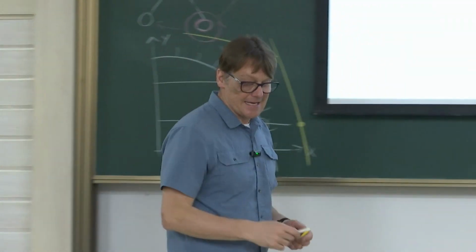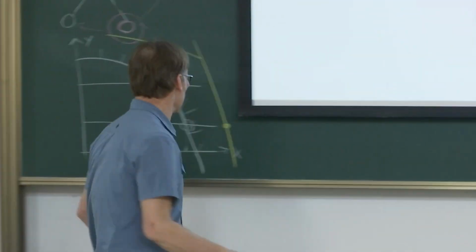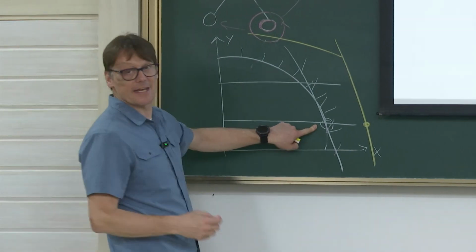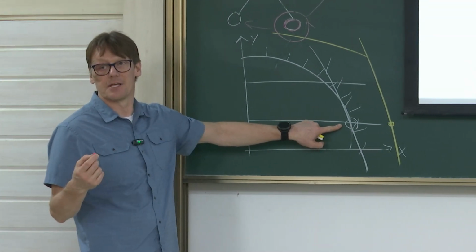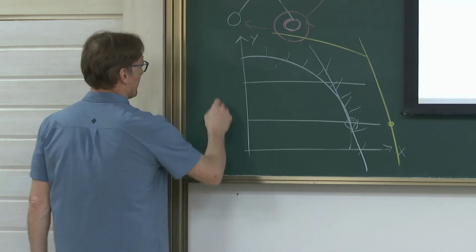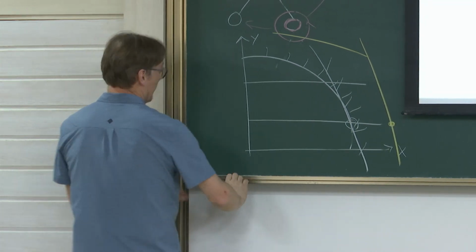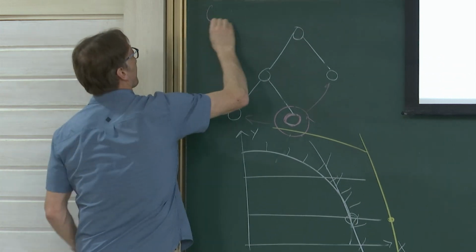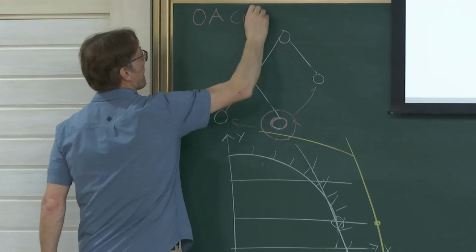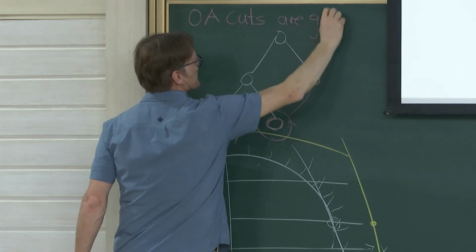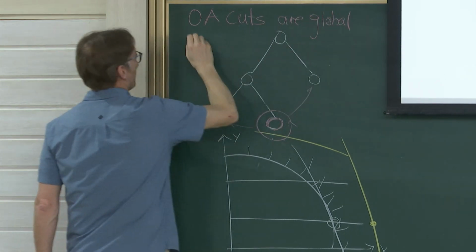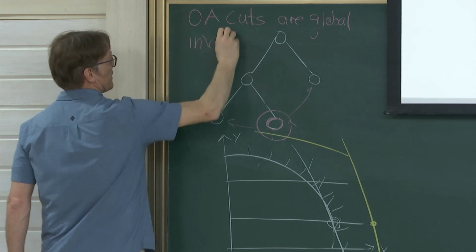The reason why it's not cutting off is because the cut is always a cut in all my integer variables and all my continuous variables. So it's always a global cut. My outer approximation cuts are always global cuts because they involve all variables.